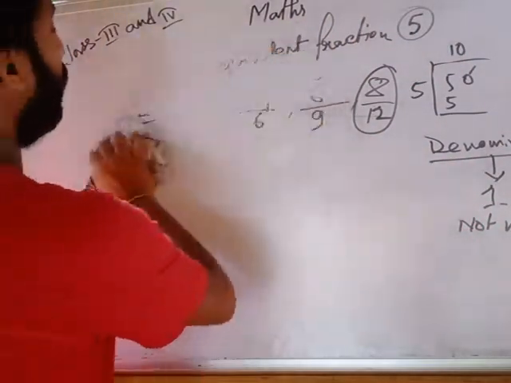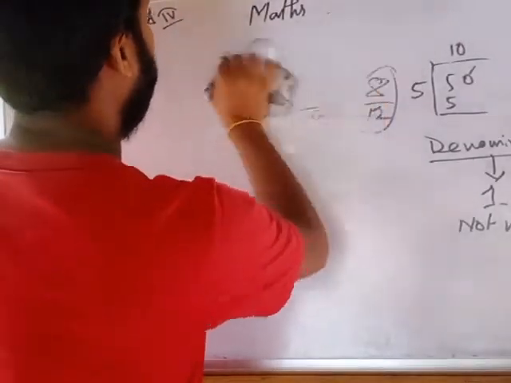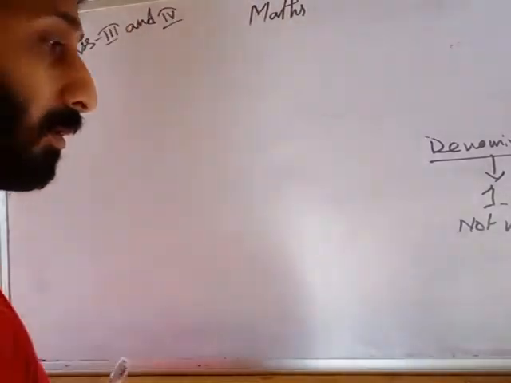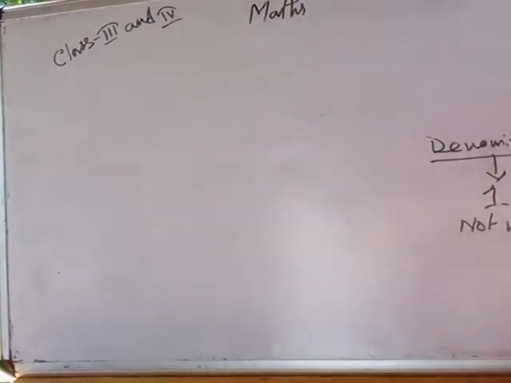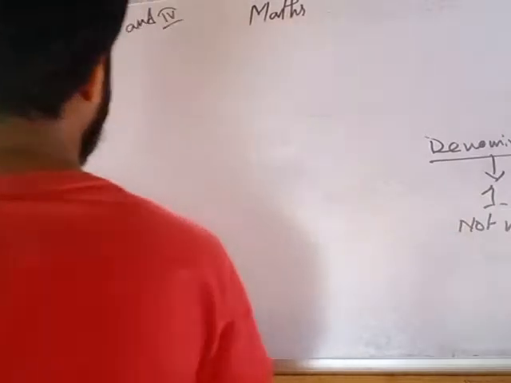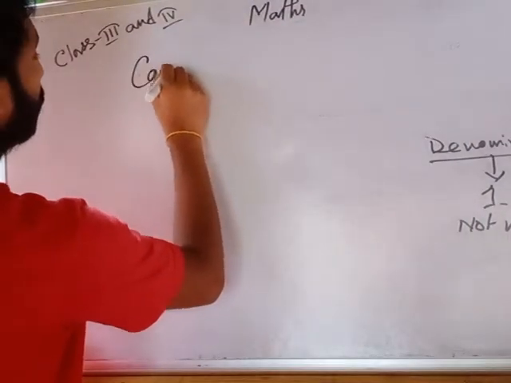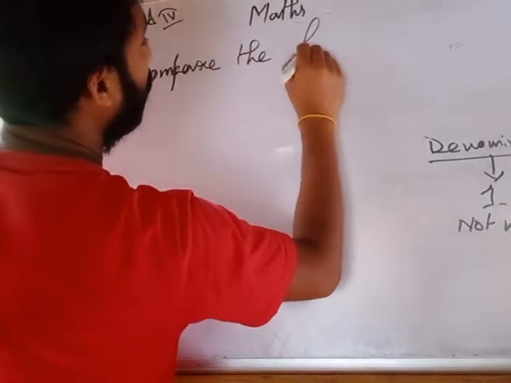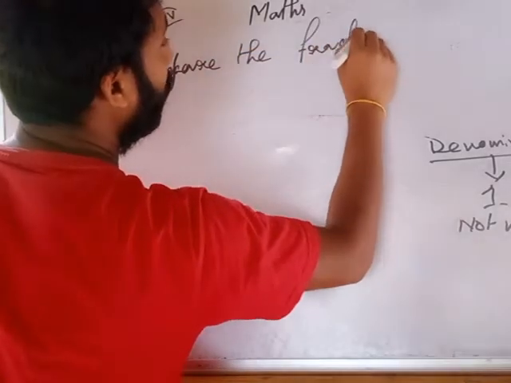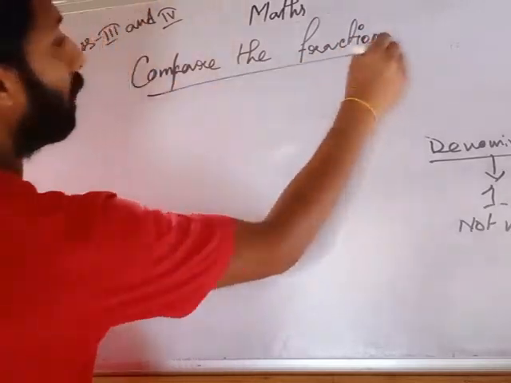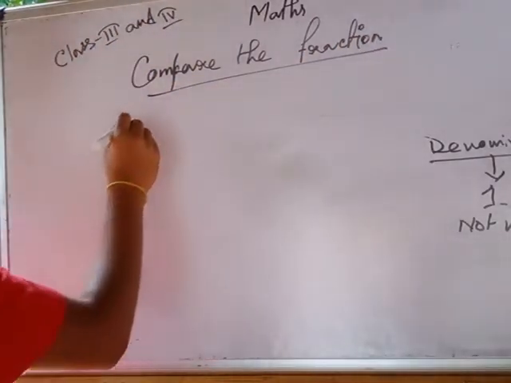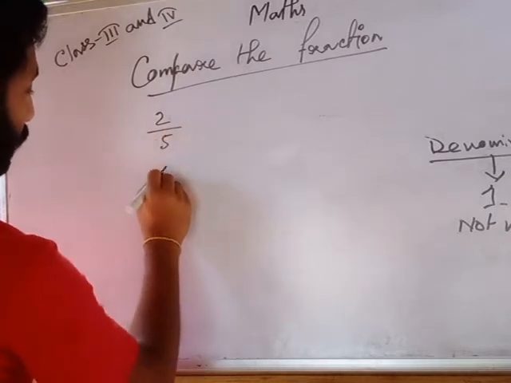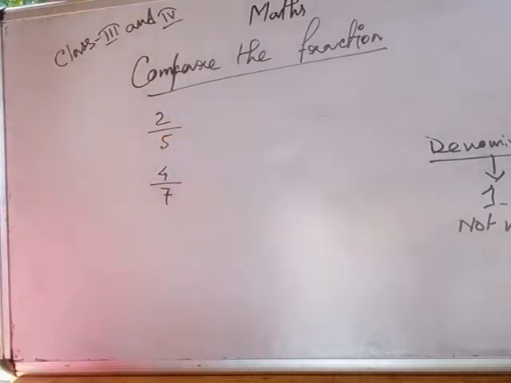Then I will tell you how to compare the fractions. Suppose it is 2 by 5 and 4 by 7.